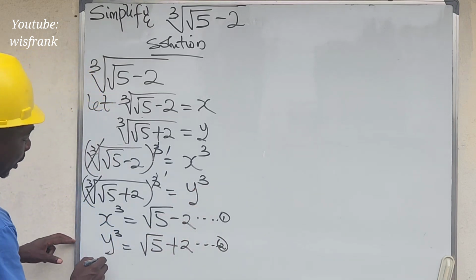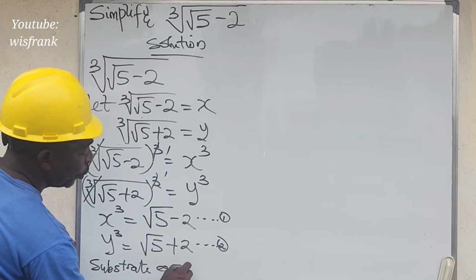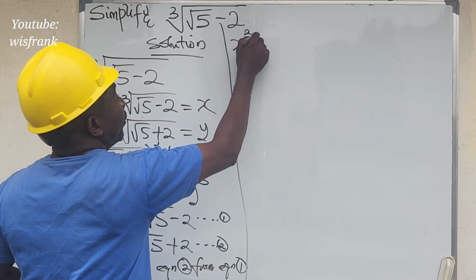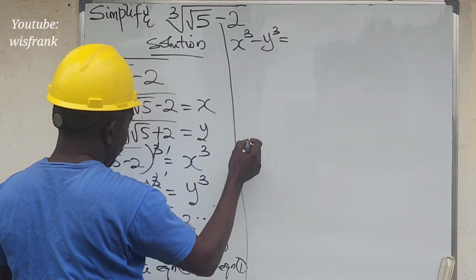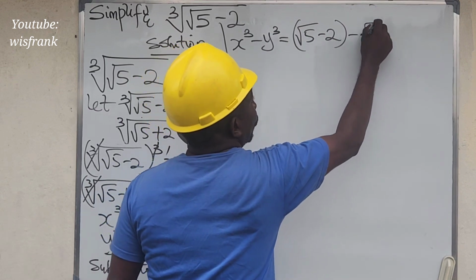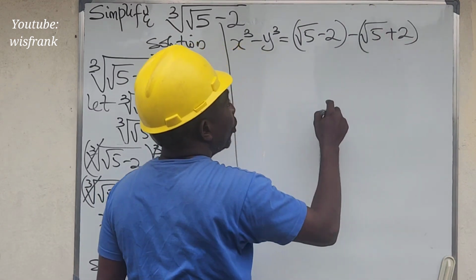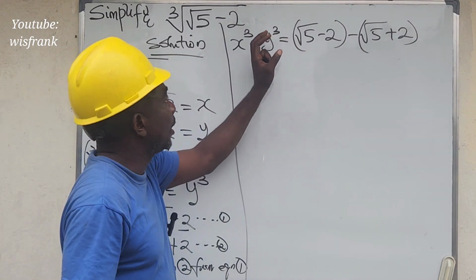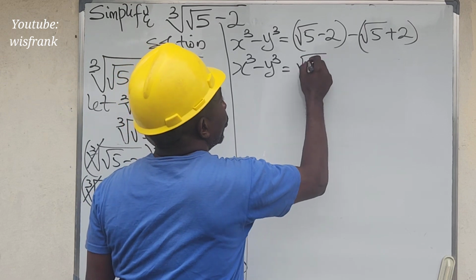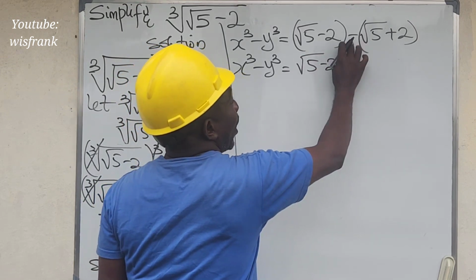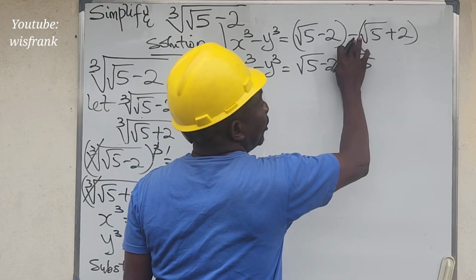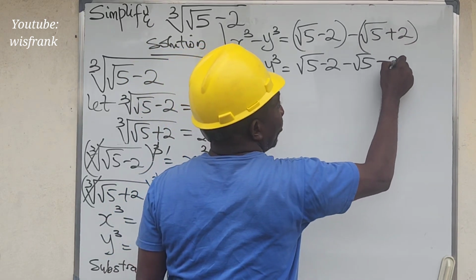So what we are going to do is subtract equation 2 from equation 1. In that case, we have x to the power of 3 minus y to the power of 3 equals square root of 5 minus 2, minus square root of 5 plus 2. Opening this parenthesis, square root of 5 minus 2, then minus times square root of 5 becomes minus square root of 5, and minus times plus 2 becomes minus 2.